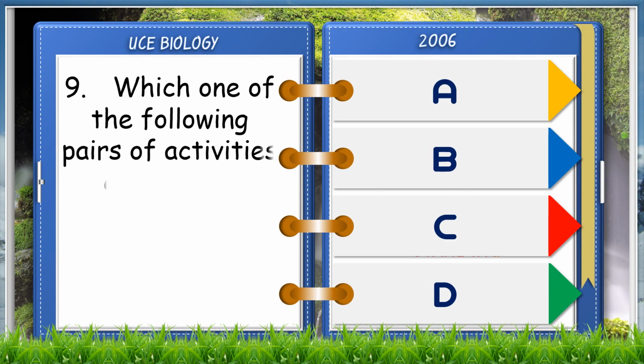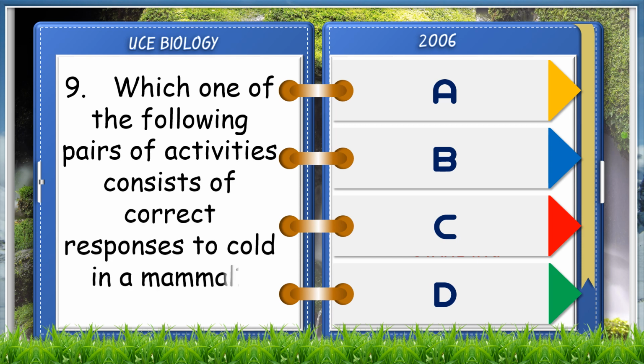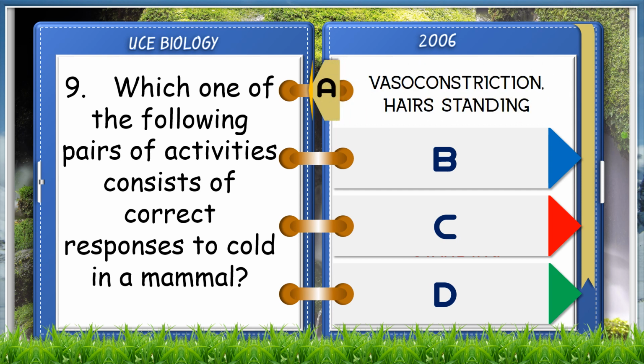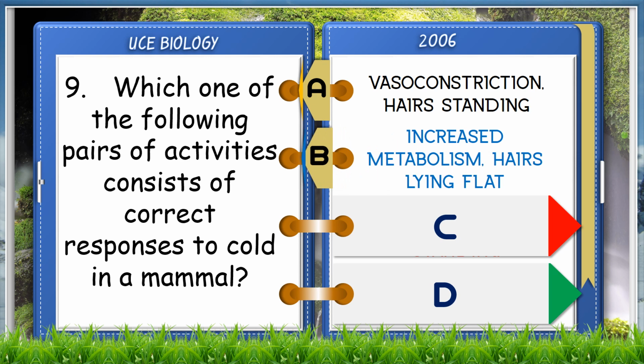Which one of the following pairs of activities consists of correct responses to cold in a mammal? A. Vasoconstriction, hair standing. B. Increased metabolism, hairs lying flat.